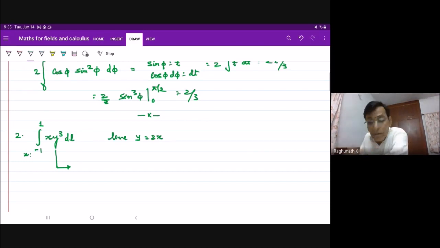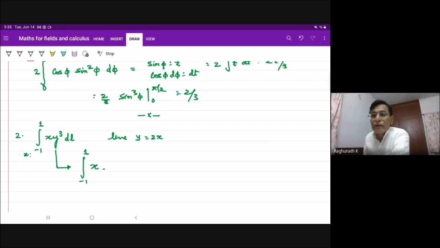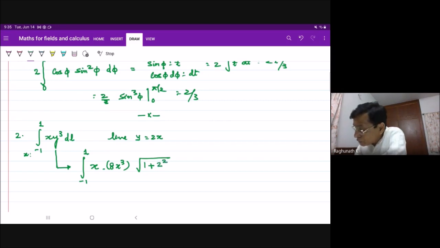What will happen to this integral? Integral from -1 to 1, x y cubed becomes 8x cubed times x, times root of 1 plus 2 squared, since dy by dx is 2, dx.